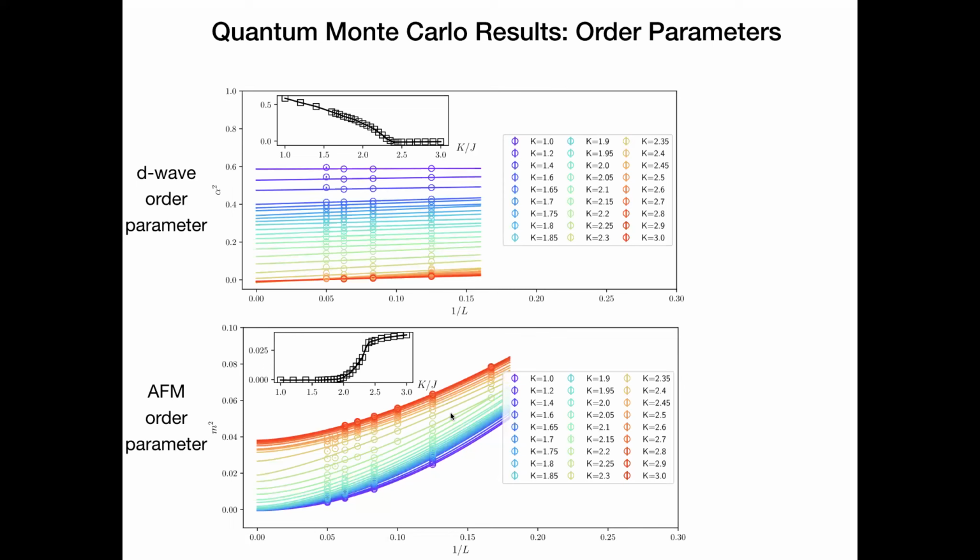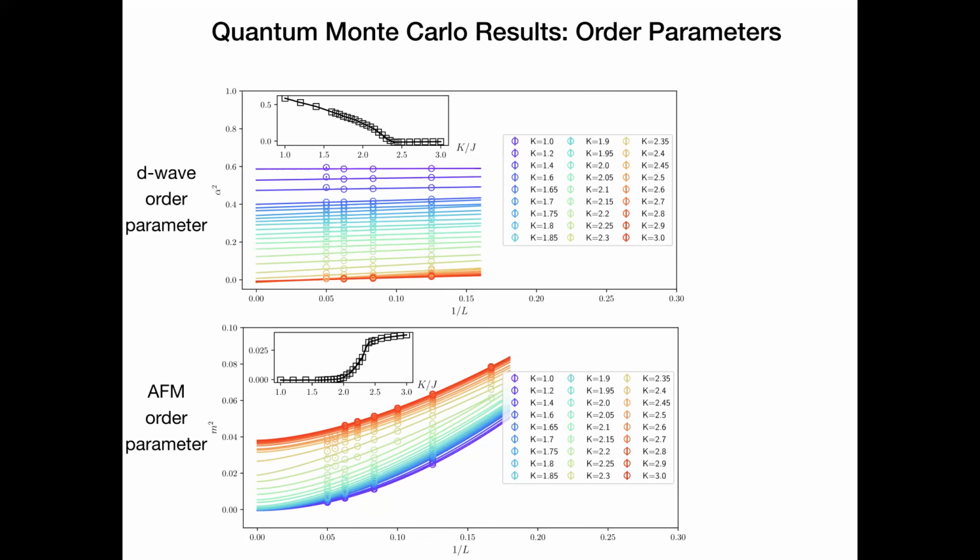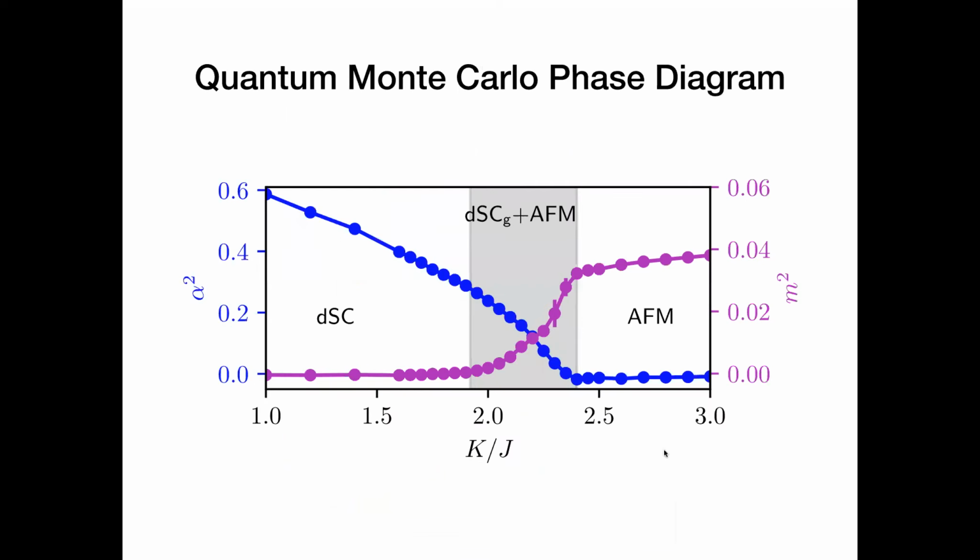So what we will do is tune, maybe I put the phase diagram, so this is basically the phase diagram in the actual Monte Carlo. We keep all the other parameters fixed.